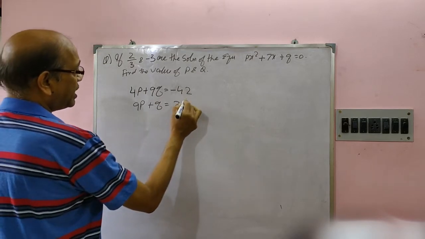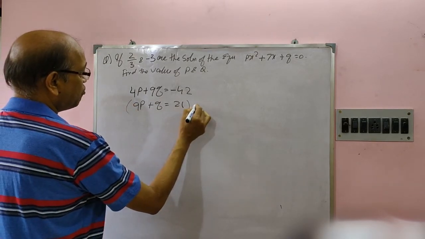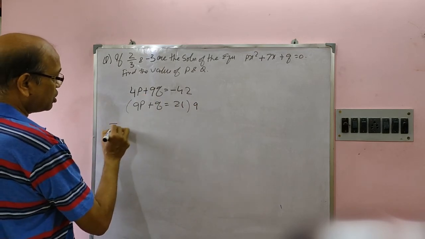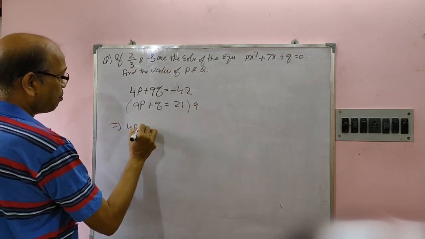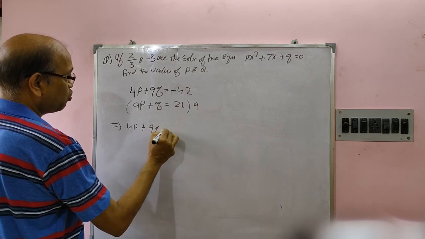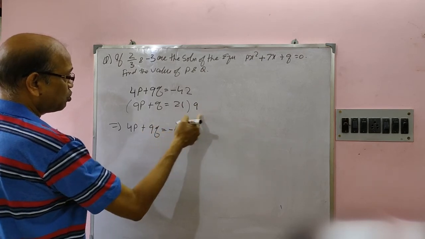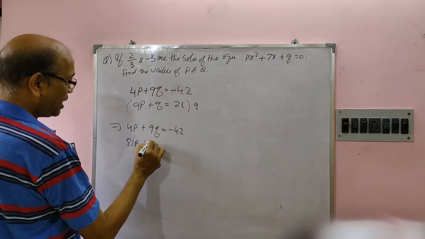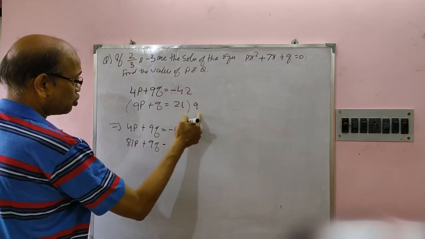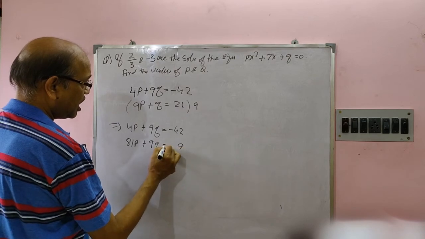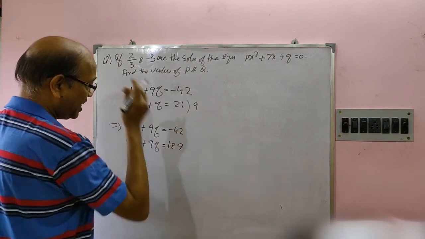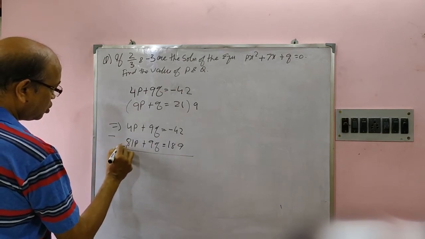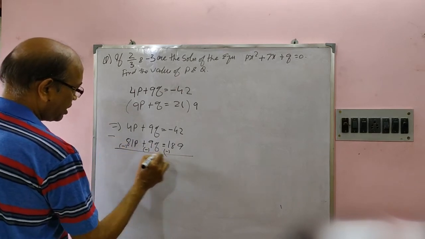Now let us multiply the second equation with 9, because we got 9q here. So what does this equation become? 4p plus 9q is equal to minus 42, and 81p plus 9q is equal to 9 twos are 18, 189. Now subtract. So this is going to become minus, minus, minus.